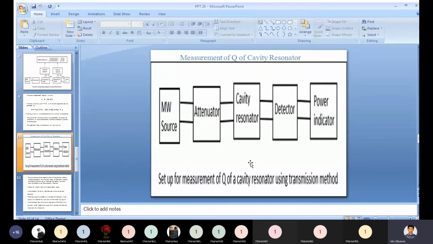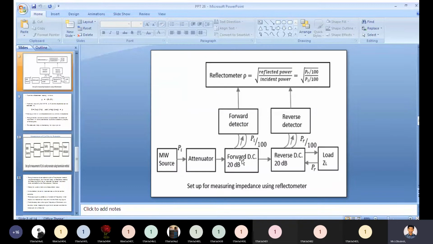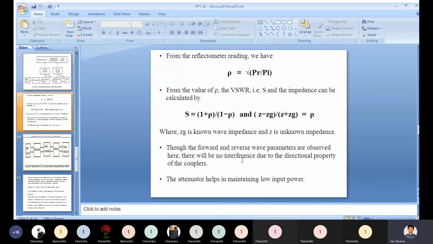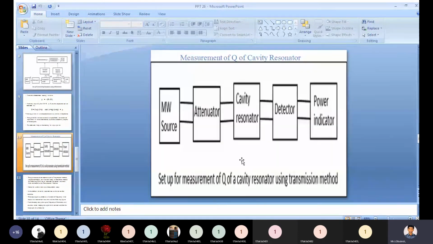Next. Next one is measurement of cavity resonator. You just need to see the diagram. Measurement of quality factor Q of a cavity resonator.